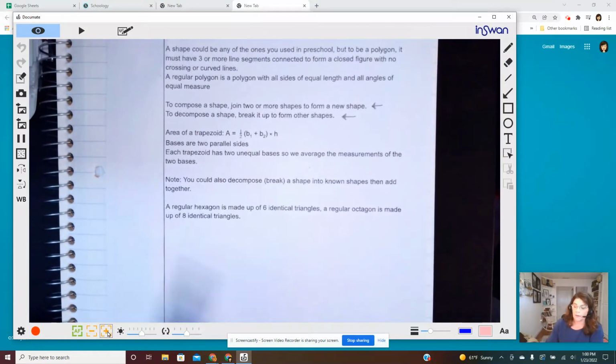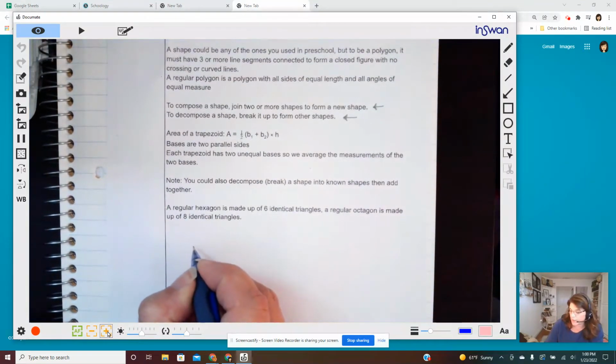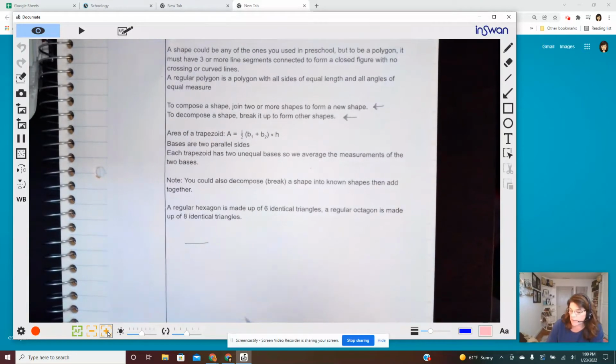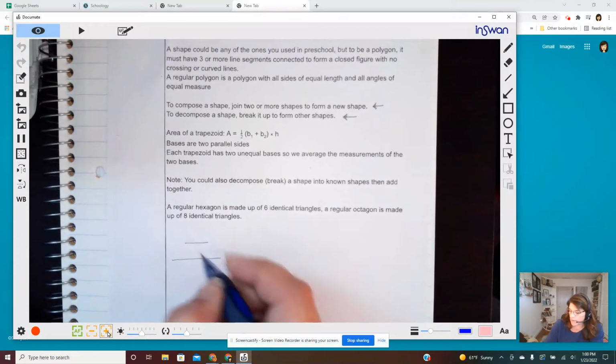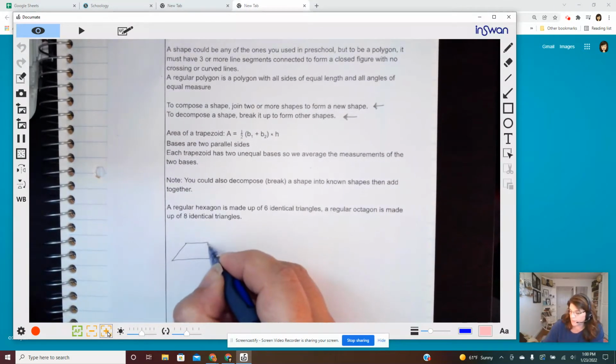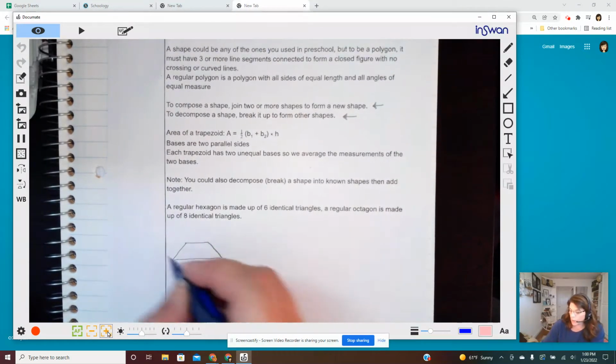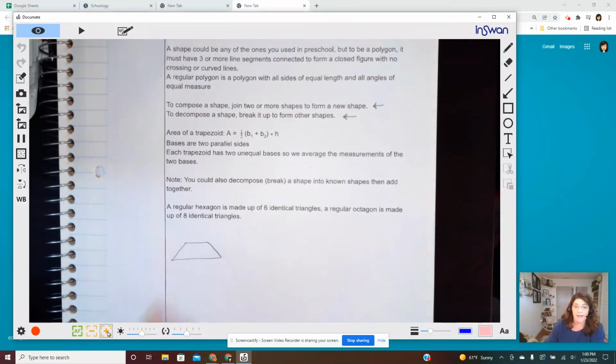Now up in the definition, it says it has two parallel bases. A very regular, traditional looking trapezoid is going to look like this. One of the lines could be straight. It doesn't have to have angles on both sides, but this is your most traditional looking trapezoid.